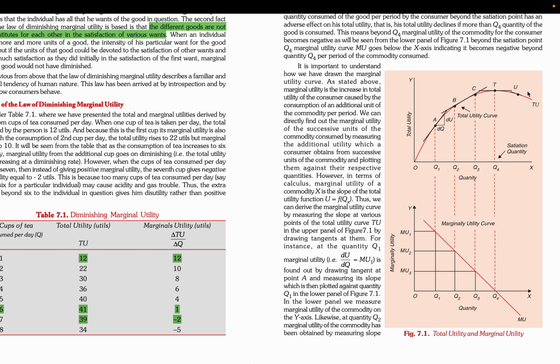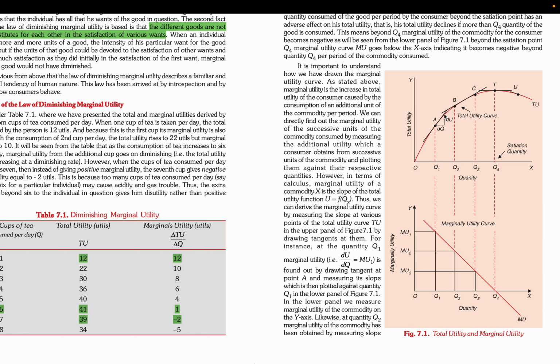Thus, we can derive the marginal utility curve by measuring the slope at various points. These tangential points are basically just giving the slope of TU in the upper panel by drawing tangents to them. For instance, at Q1, marginal utility dU/dQ equal to MU1 is found out by drawing a tangent at point E, this tangent, and measuring its slope, which is then plotted against quantity Q1 in the lower panel. Then you take this down and plot this MU1.